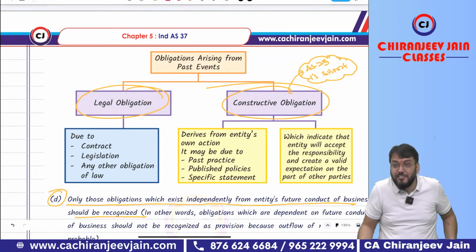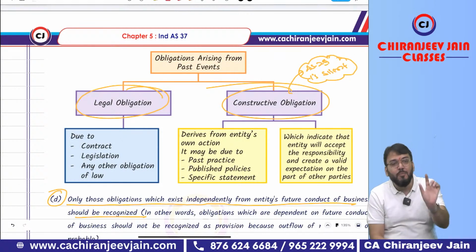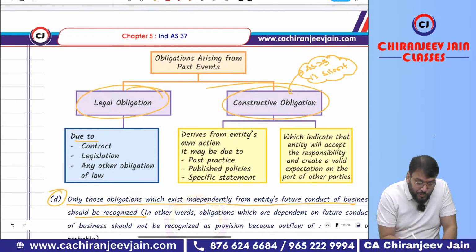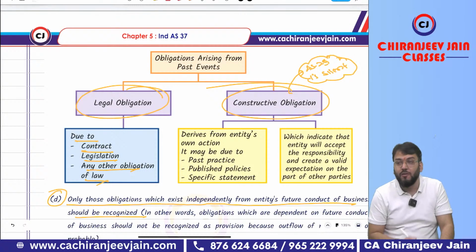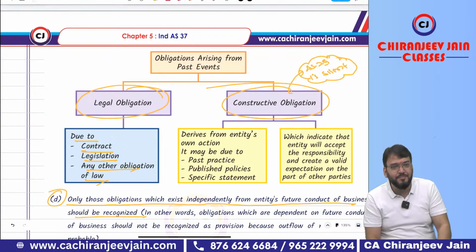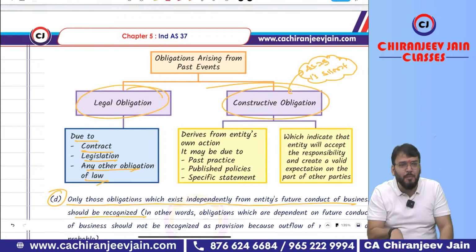It means I need to explain constructive obligation right now. But first, what is legal obligation? Any obligation which arises due to contract, legislation or any other law is a legal obligation. Suppose right now we have done one contract, in which you need to pay some amount.